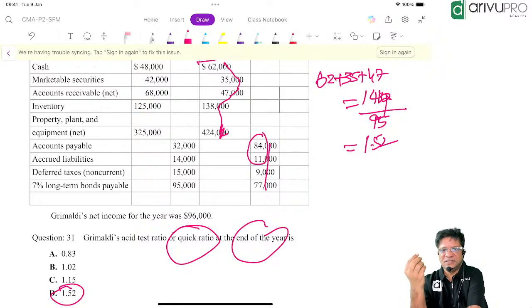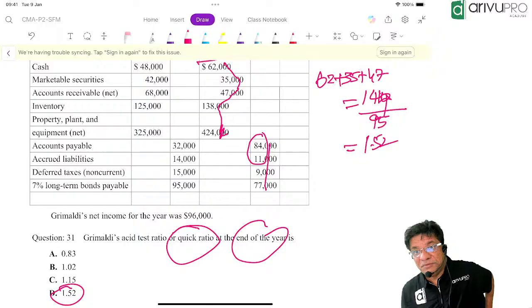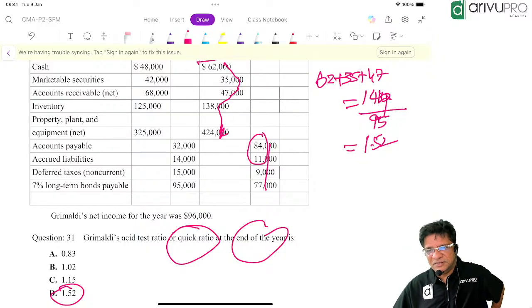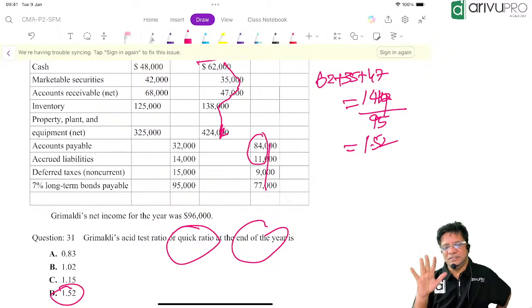Everything is new. When you see it, you should enjoy it. Numbers will be different, the theory will be different, everything is different. But if you have seriously mastered the concept, only then go for the exam, and then you should smile. Exam is tricky.